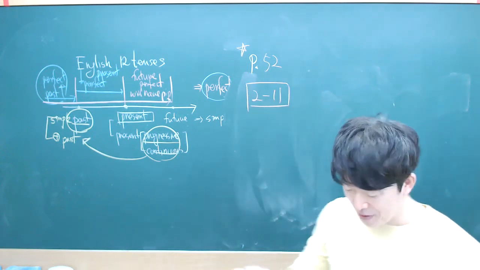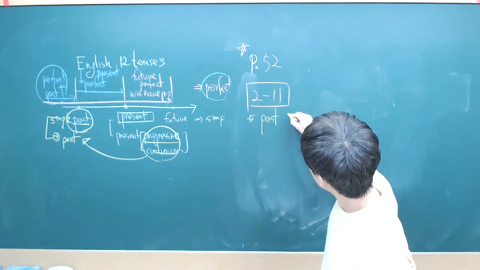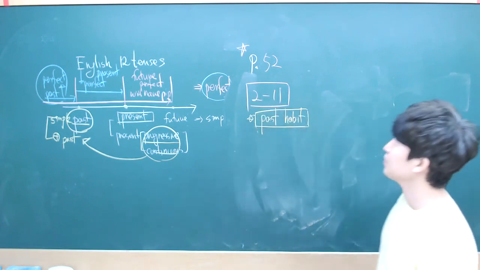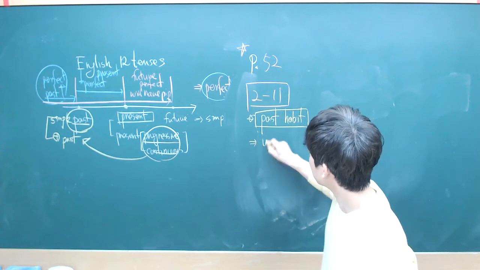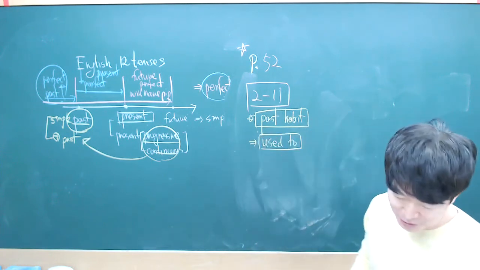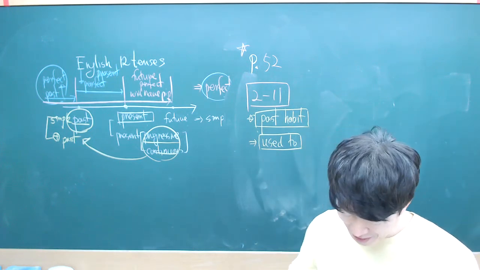Expressing past habit. Wow, past habit. We have a strong weapon here. If you express your past habit, you can use this expression. I used to live with my parents in the past as a habit.